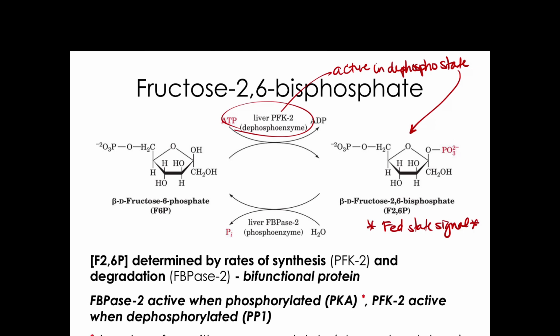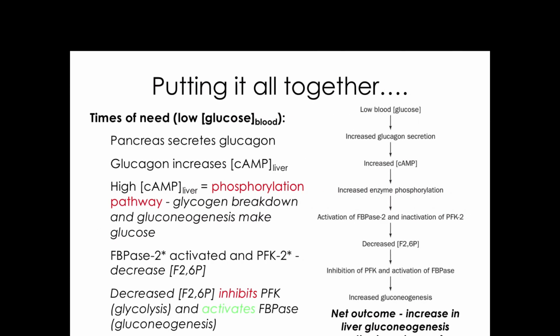But if you remember that F26P is a fed state signal, and then the bifunctional enzyme that's responsible for either making F26P through kinase activity or decreasing its concentration by phosphatase activity, we can put this all together with a logic check. And so that's kind of what this is.